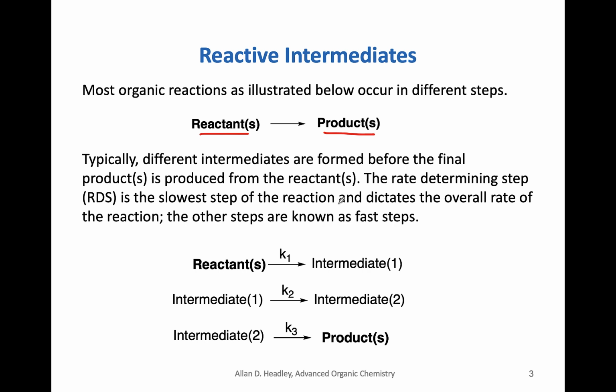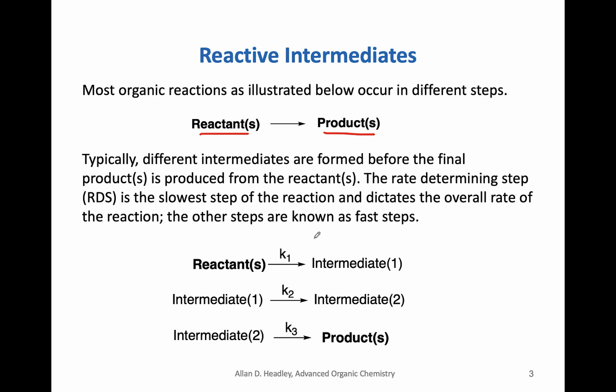And of course, we have here different steps that occur to form each intermediate. Remember again, a reaction mechanism is a step-by-step description of a reaction. So here is essentially the reaction mechanism for this reaction. Here's one step, here two steps, and three steps. So this is a three-step reaction as described here.